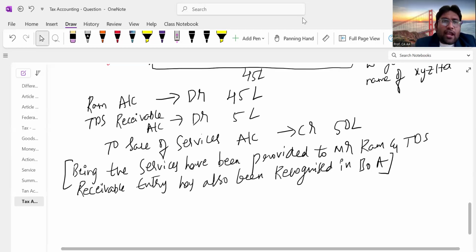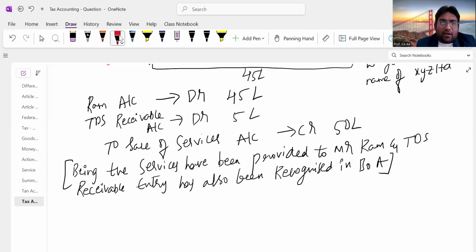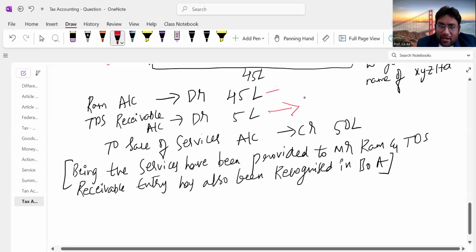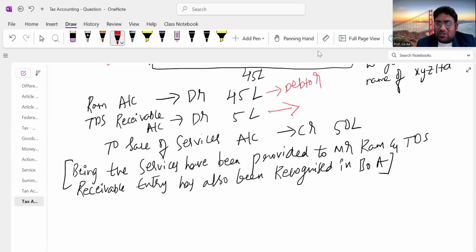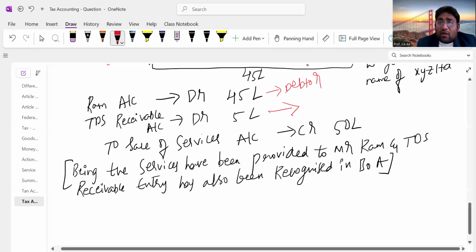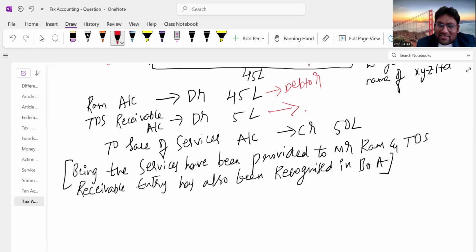Here I would like to ask you one question. What is this TDS receivable? Ram is a debtor, or accounts receivable. TDS receivable account debit, whether it is an asset, expense or liability, what is this? Yes, this is an asset, because of the same concept as advance tax.